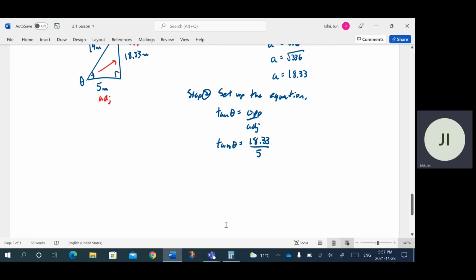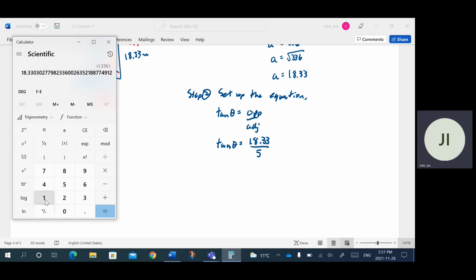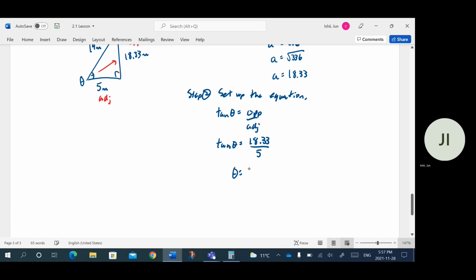Okay, so let's punch that into our calculator. Actually, I'm just going to leave the 18.33 in there, since it's got a whole bunch of different decimals. Divided by 5, we get 3.666 dot dot dot. So theta equals tan inverse of 3.666 dot dot dot. Let's figure out what that angle is.